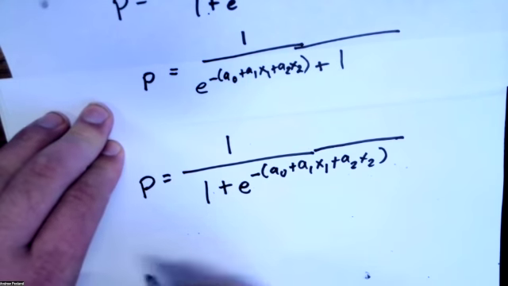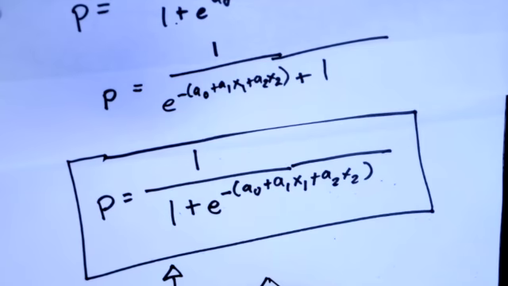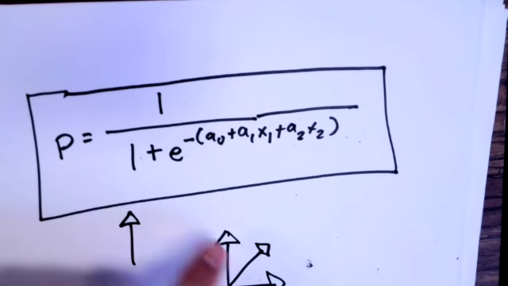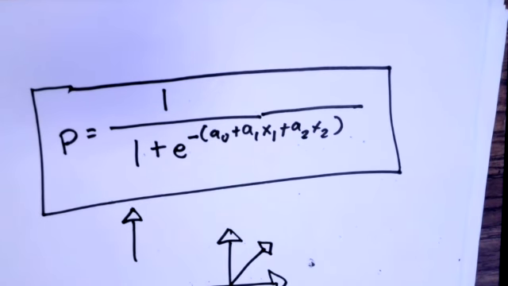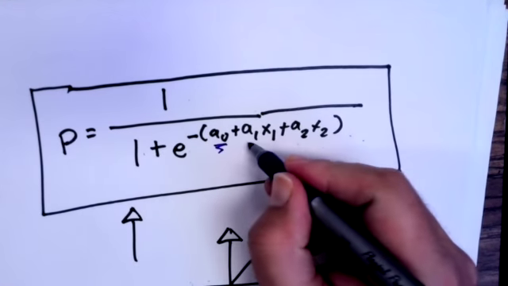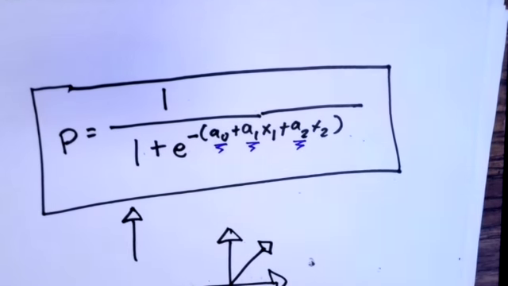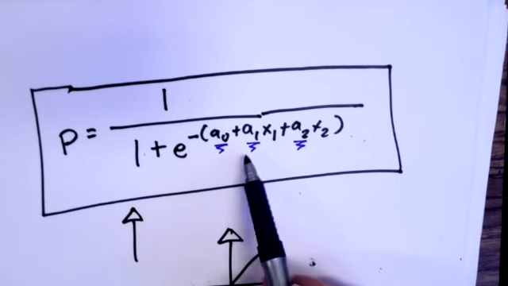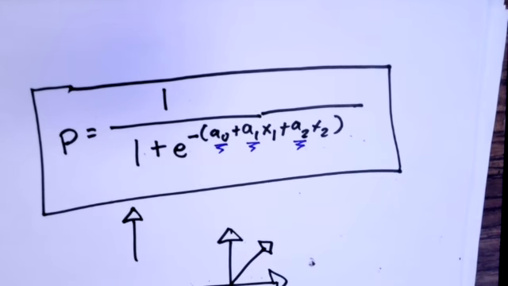And this is called a logistic function, which is why this is called logistic regression. When you plug in the x and y coordinates, this will give you the probability of success based on your x and y coordinates. This is based on 3 parameters, a0, a1, and a2. When you actually have one of these, you won't have a0, a1, and a2, you will have numbers.